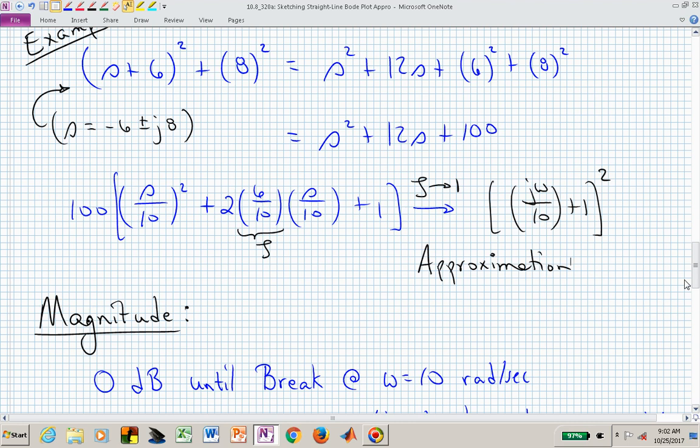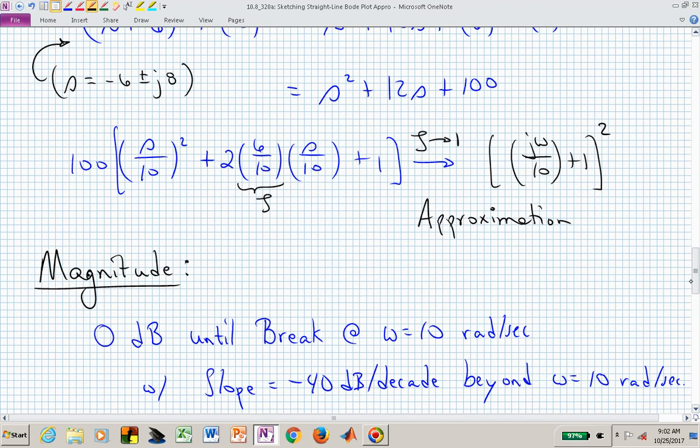Now, once zeta is equal to 0, you have purely imaginary poles. And those poles are still a distance omega sub n, or this natural frequency, away from the origin. It's just now they're on the imaginary axis. We want to rotate those all the way around to be on the negative real axis, a distance of omega sub n from the origin.